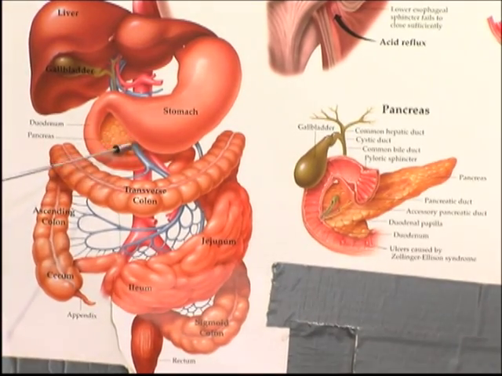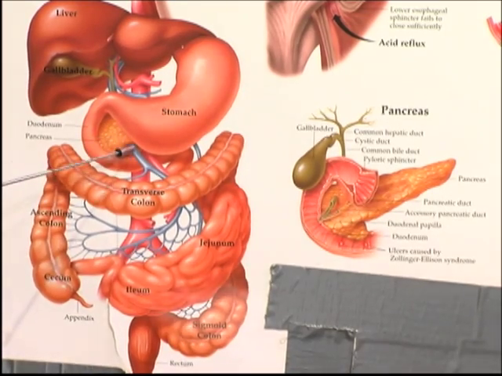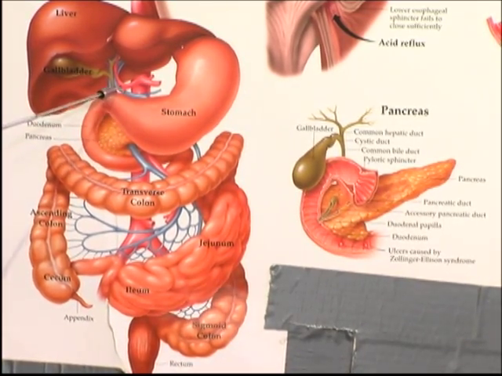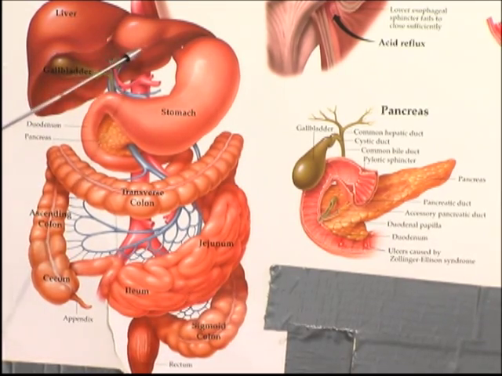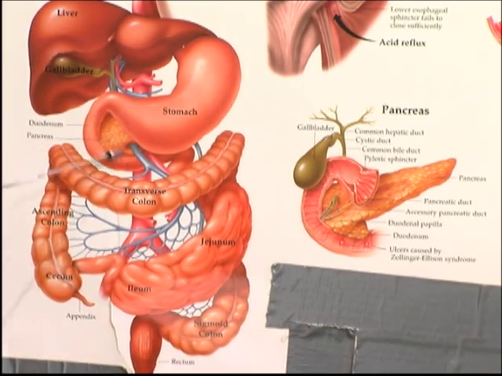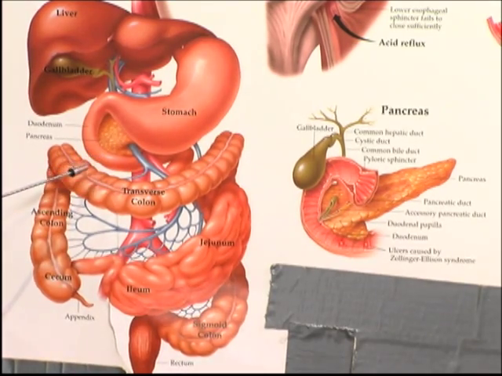Through these two ducts, the juices that are produced in the pancreas are able to go from the pancreas into what's called the ampulla of Vater into the duodenum. The pancreas produces these juices, we call them enzymes.